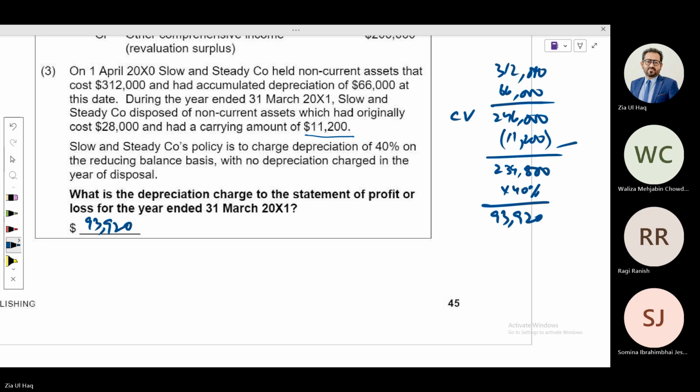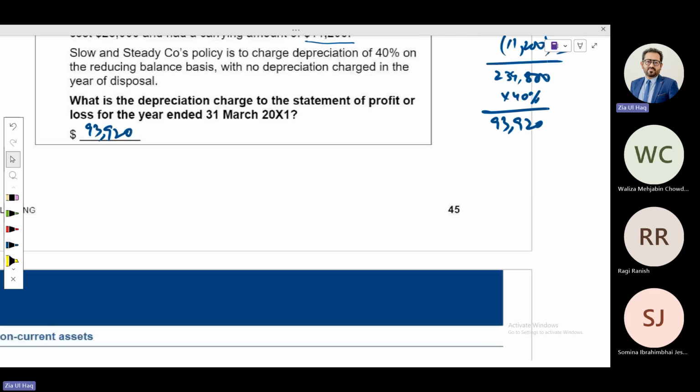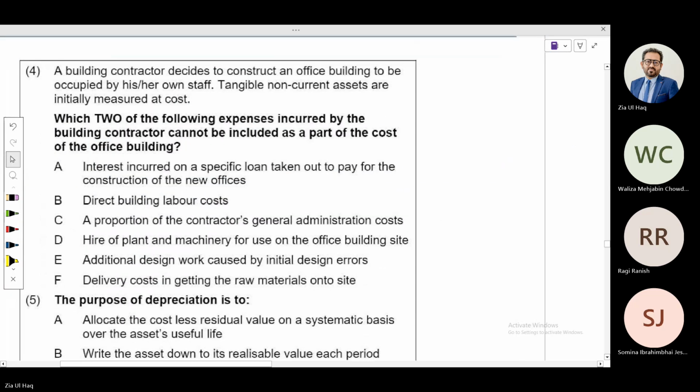This is relating to financial accounting rather than financial reporting. Number 4. A building contractor decides to construct an office building to be occupied by his own staff.